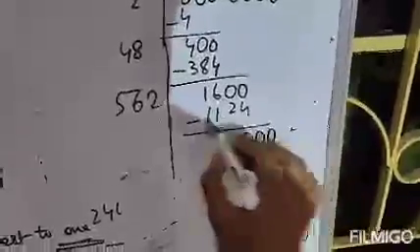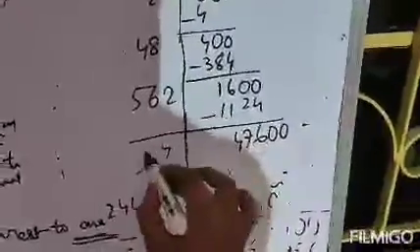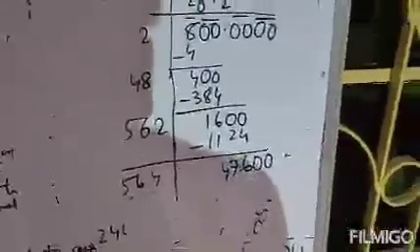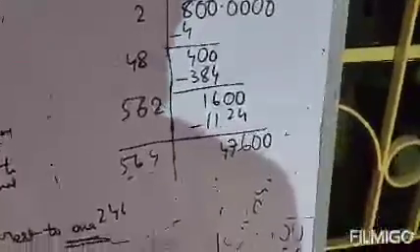These 2 zeros will be here. Now multiply it by 2. 2 2s are 4, 2 8s are 16, 2 5s are 10, and 564.